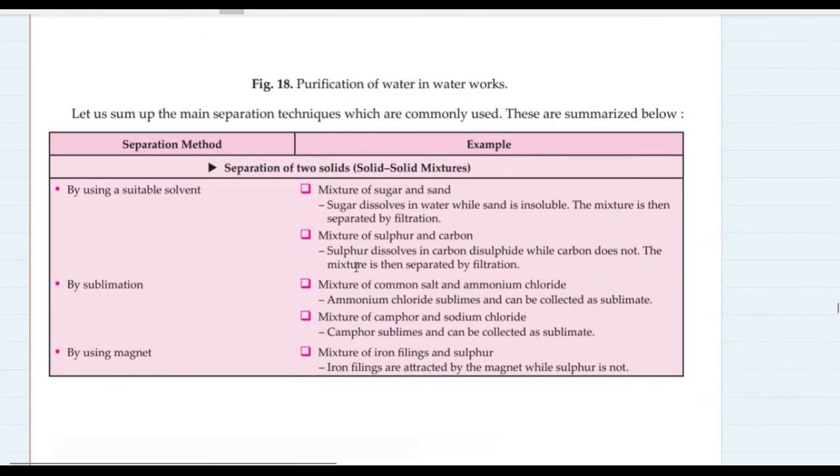Okay. So the main separation techniques which are commonly used, apart from the 8 techniques which we have discussed, do you remember which techniques were discussed by us in today's lecture? Number 1, evaporation. Number 2, do you remember which is number 2?